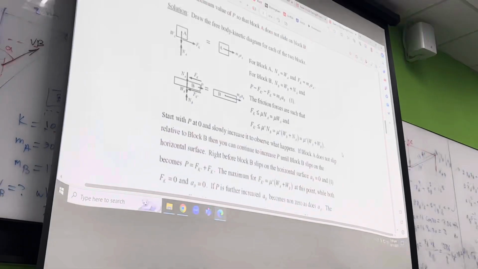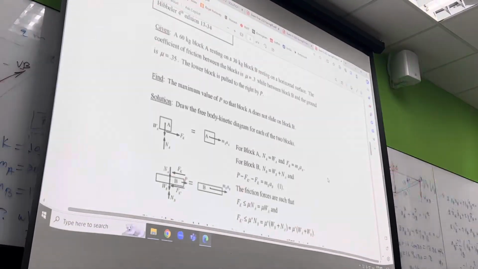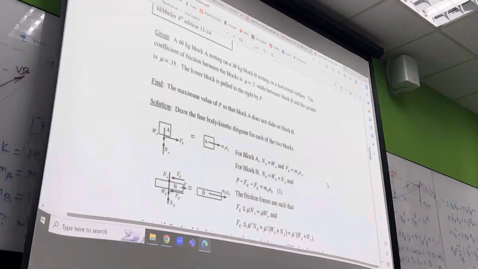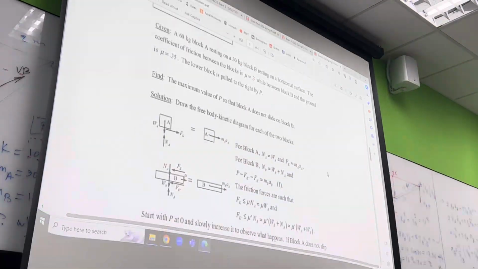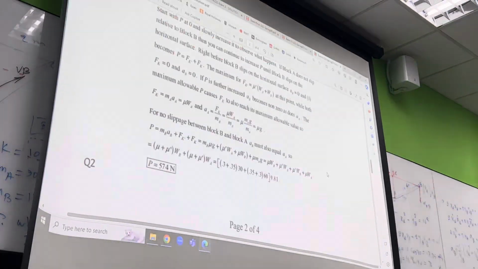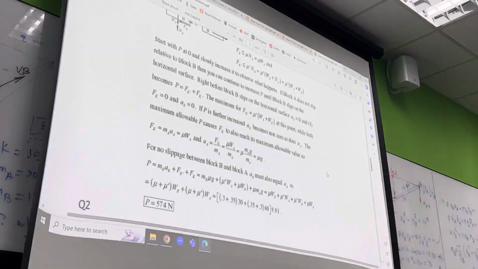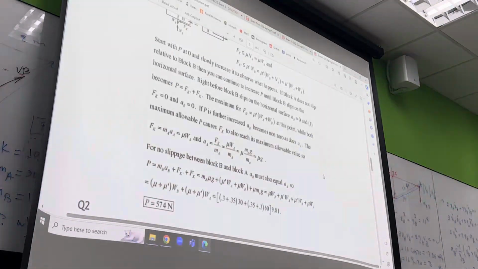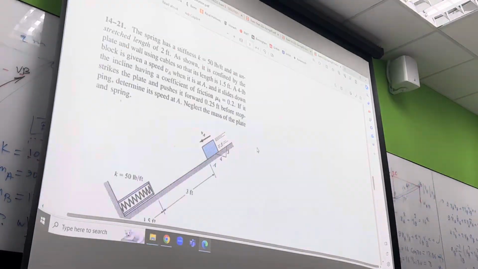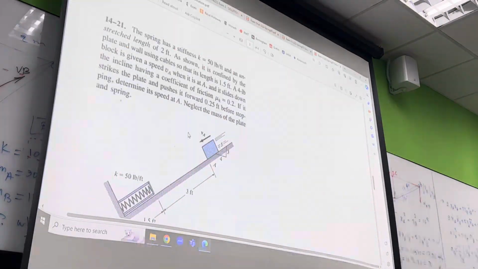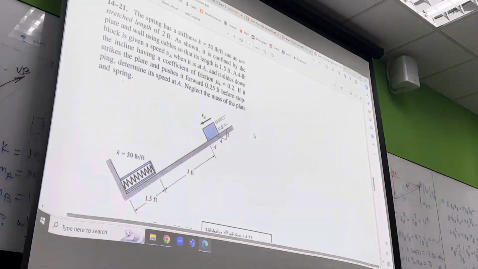Here is the rest of the solution. Oh, long solution. So the solution starts from here and then goes here. Okay. This is another example of conservation of energy. Nice one.